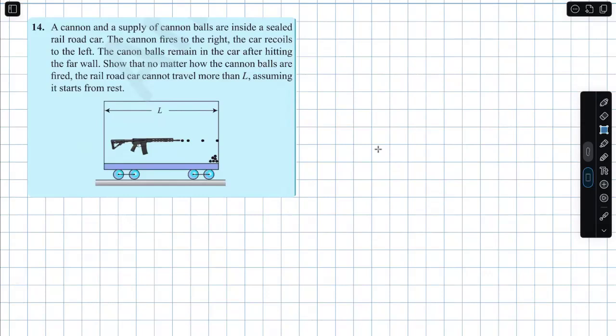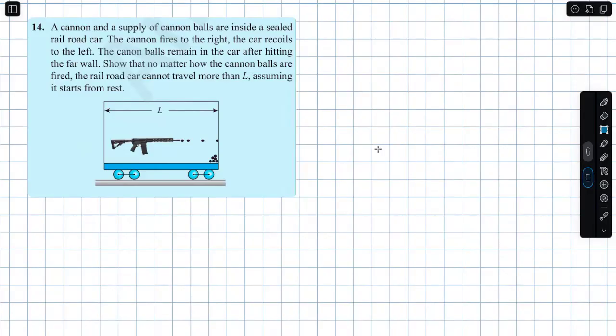A cannon and a supply of cannonballs are inside a sealed railroad car. The cannon fires to the right, and the car recoils to the left.